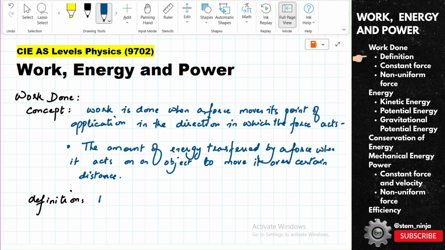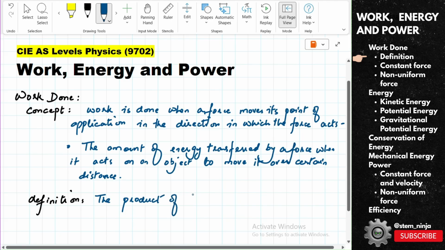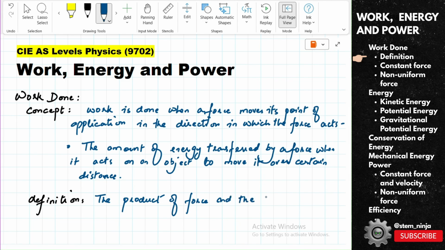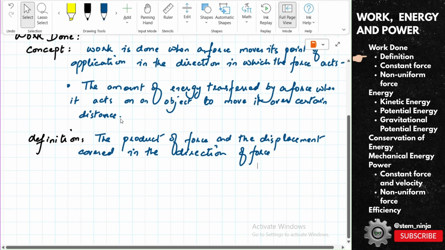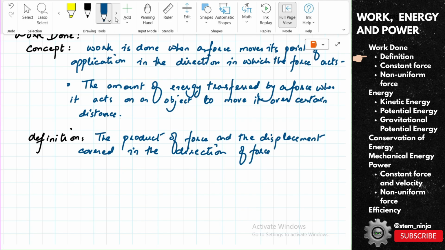It is the product of force and the displacement covered in the direction of force. This is the definition that we will have to write if asked in the exam.